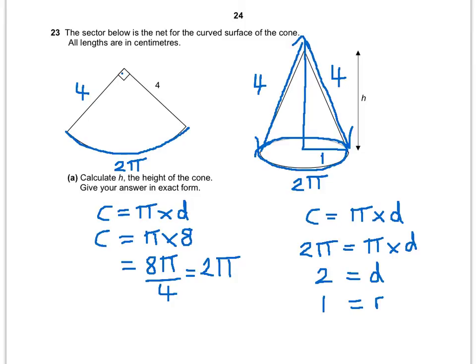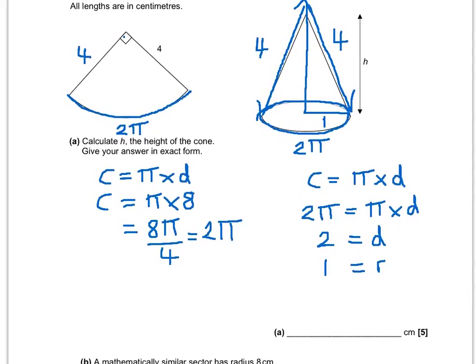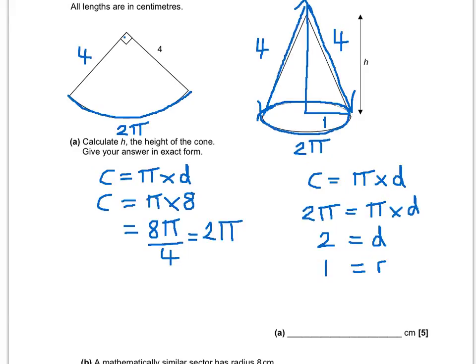And we're almost there now. So now we should be able to use that to help us work out this vertical height up here. We've got a right angled triangle here, so we can use Pythagoras' theorem because we know 2 of the lengths. And we're looking for one of the shorter sides, so we're going to be subtracting.